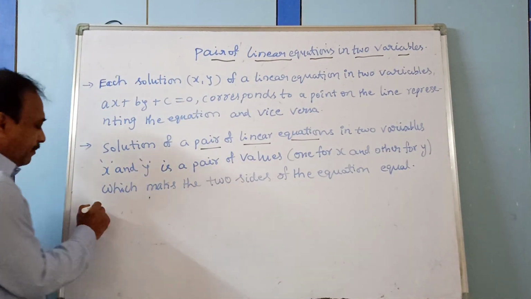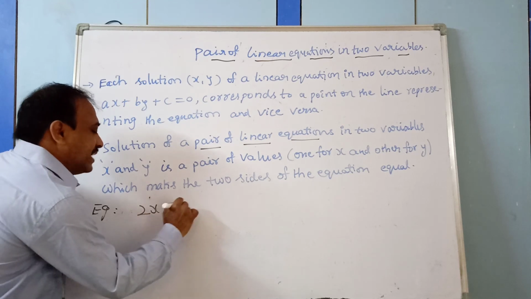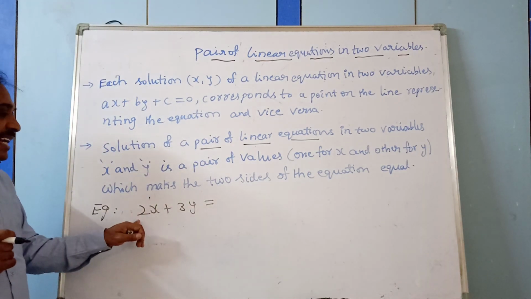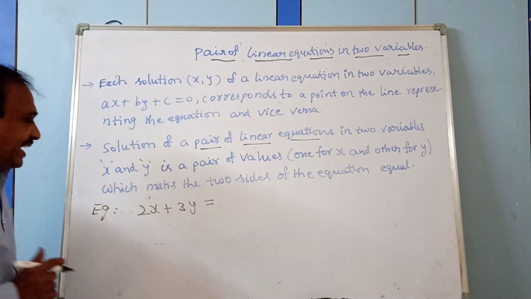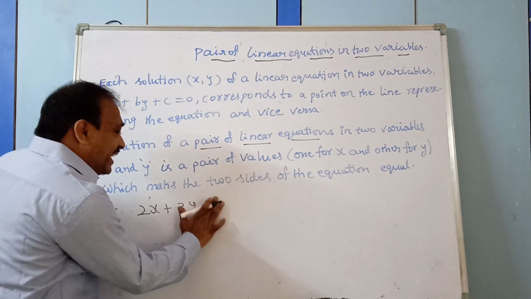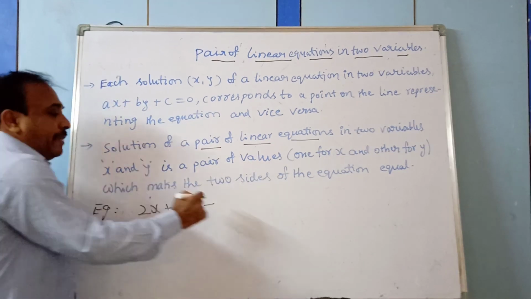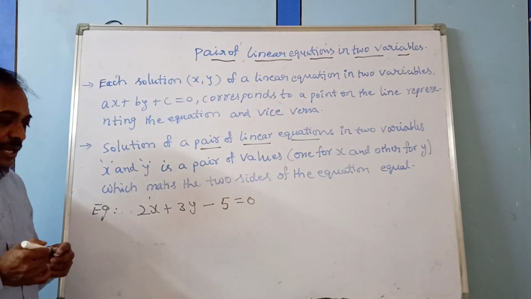Example, observe it: suppose 2x plus 3y minus 5 is equal to 0. Just an example I am saying.